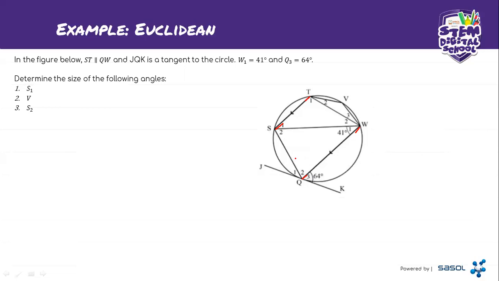If you have two sides which are parallel, surely there are some angles which are alternating, corresponding, or co-interior. So we have to make sure that we look into that.